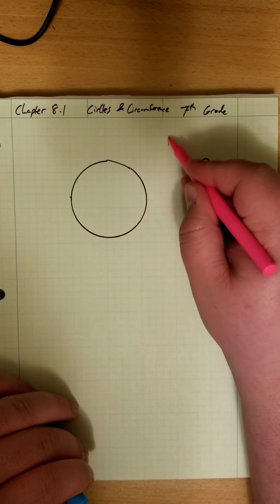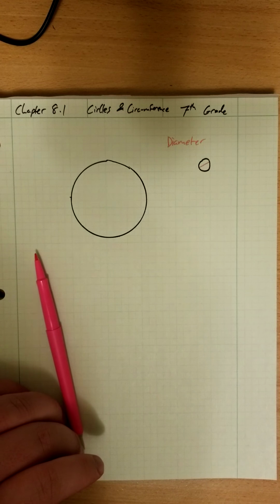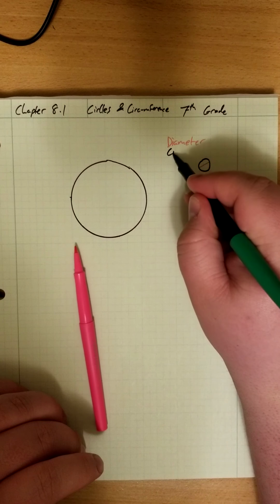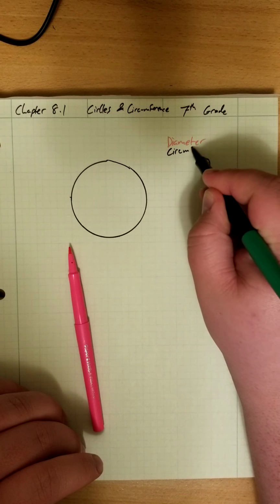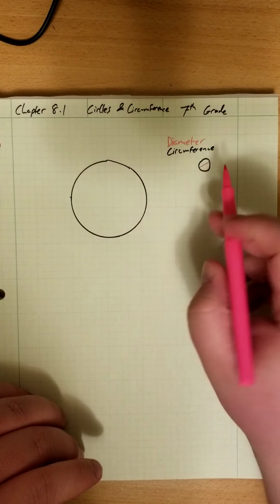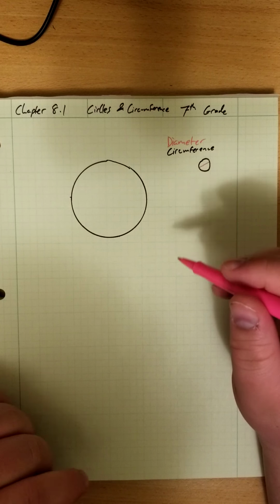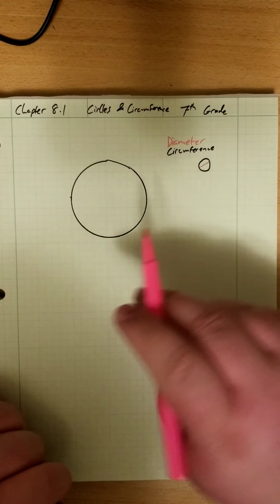So pink is diameter, and black is called the circumference. He noticed that as the diameter got bigger, the circumference got bigger, basically at the same scale.